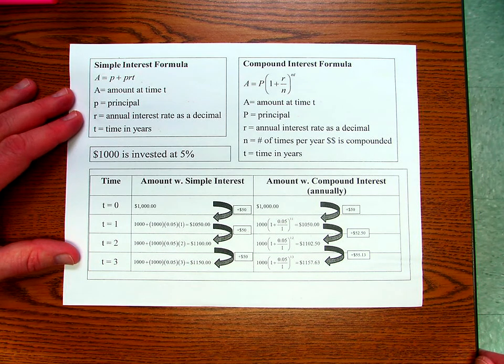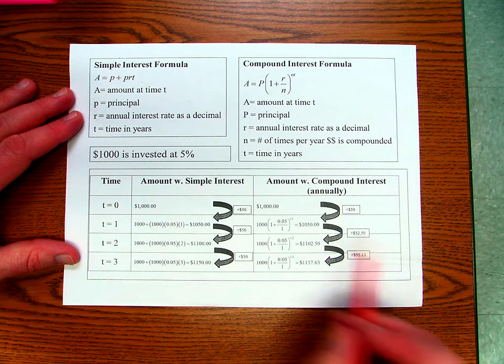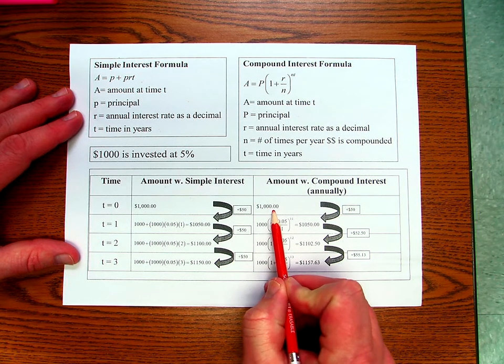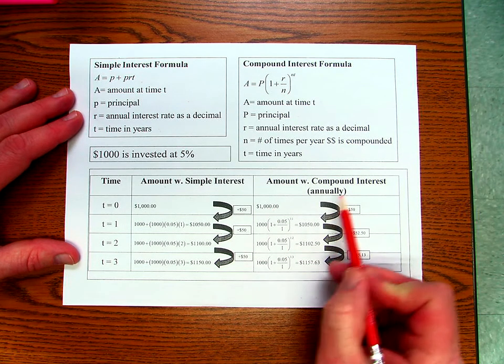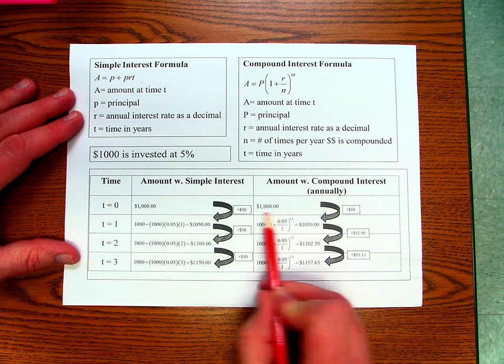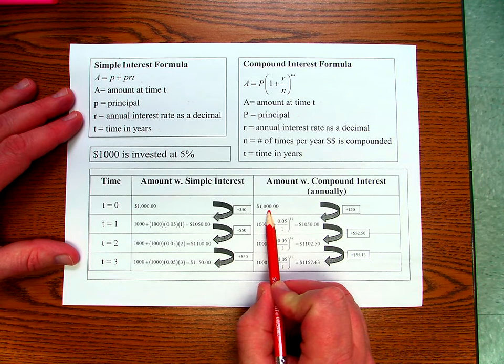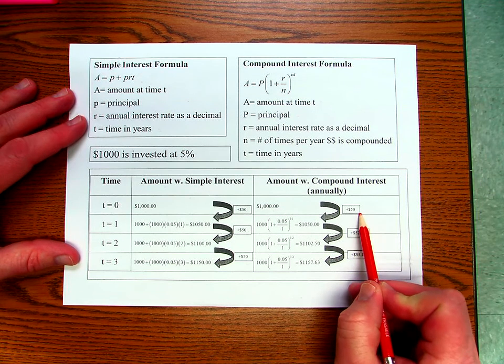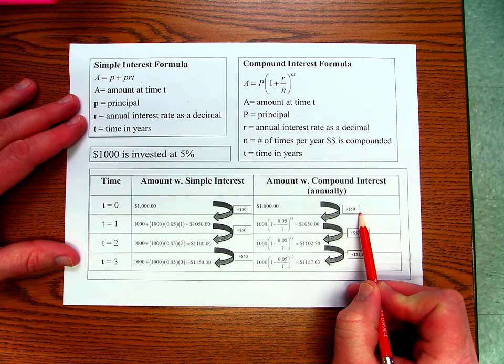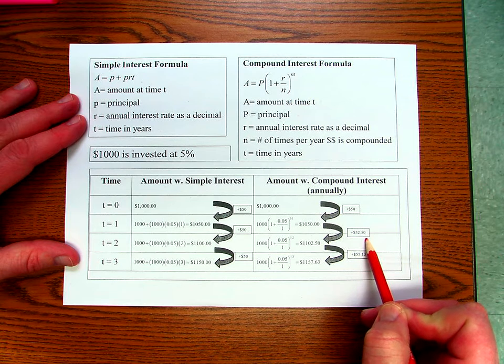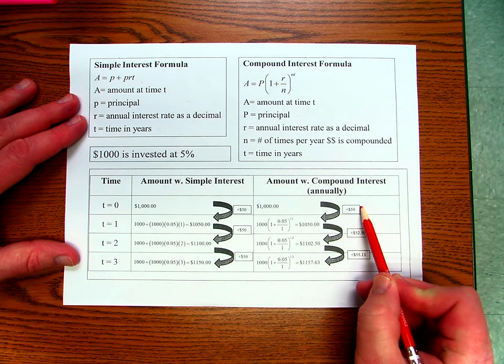Now, in contrast, if we were to take that $1,000, invest it at 5%, and have it compounded annually, we're still starting with the same 1,000, and at the end of 1 year, we still have $50. But what happens after that is the second year, we have interest on the principal plus interest on the interest.